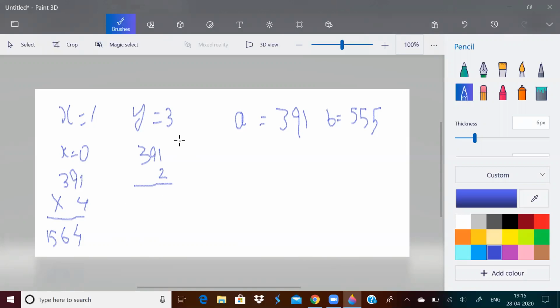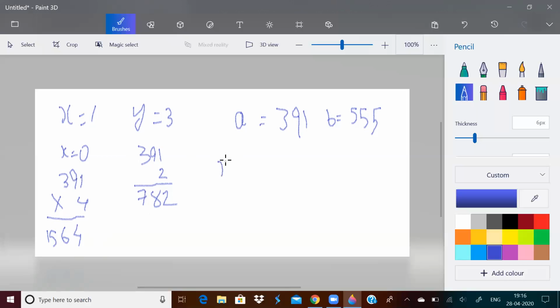According to the first operation, you spend $a in increasing or decreasing a number by 1. If I have to decrease y to 1 from 3, I have to do it twice. So how much will I spend? 2 times 391.